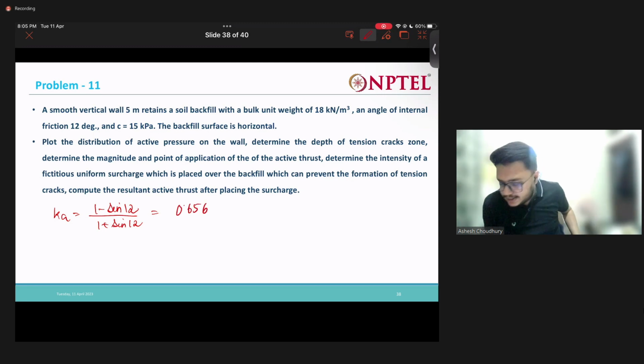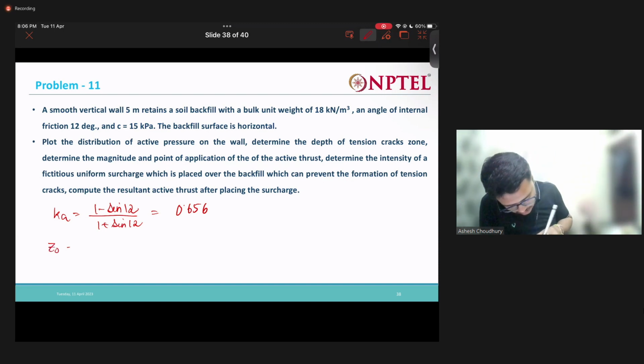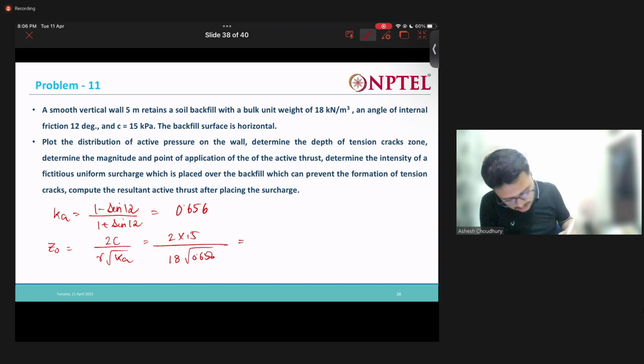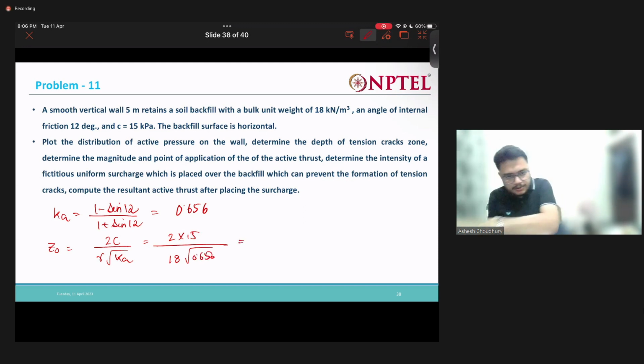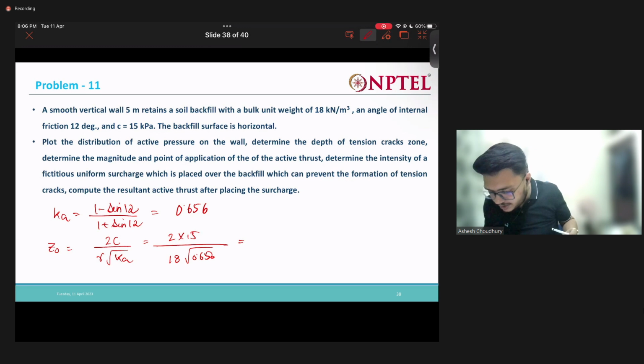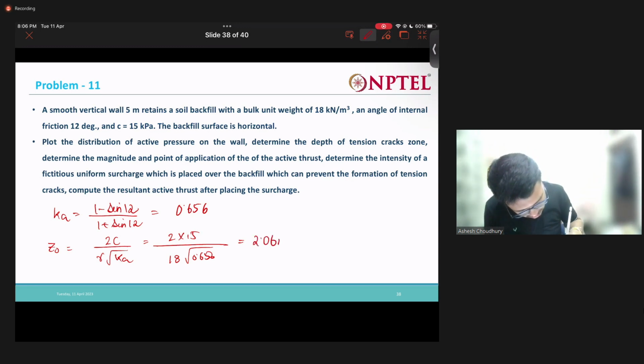Now first we need to plot, so first let us determine Z naught. What is Z naught? 2c by gamma root over Ka. Please find it out. 2 into 15 by 18 root over 0.656. Z naught is 2.06 meters. So for the 5 meter wall.